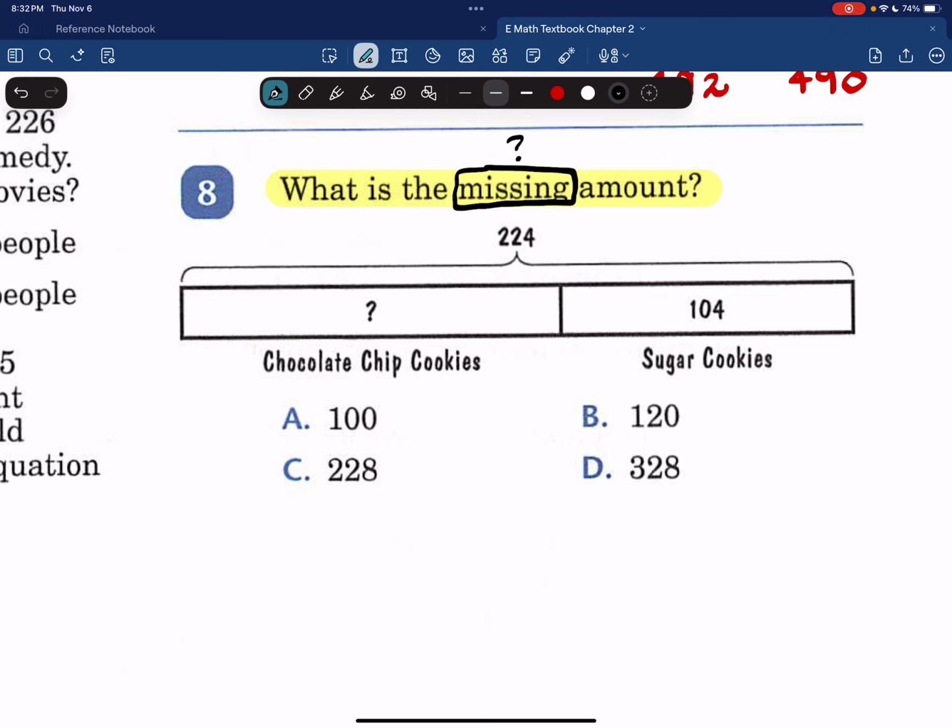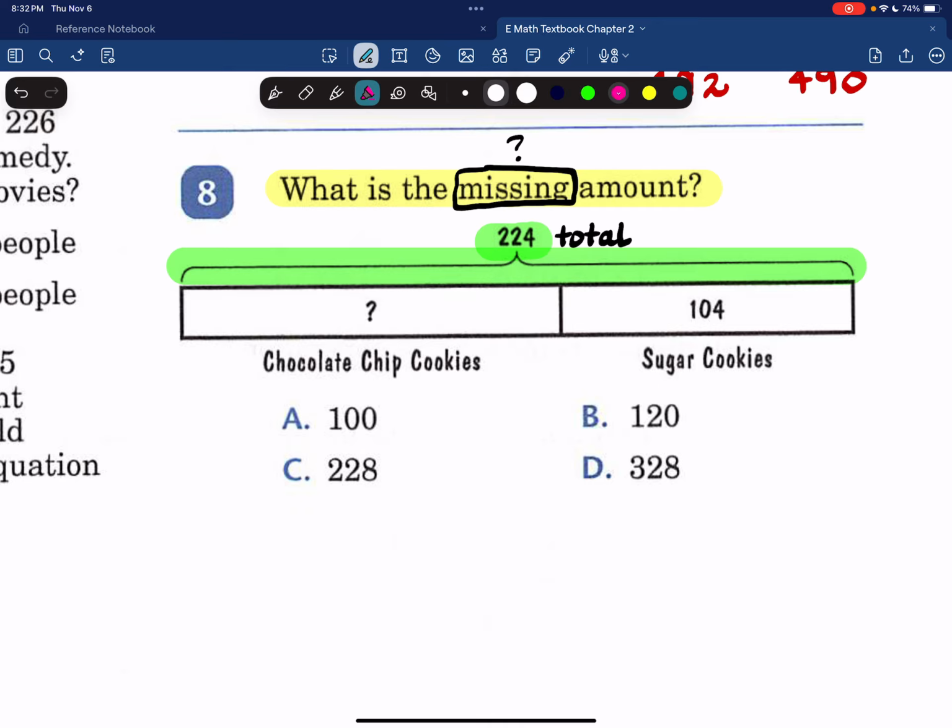All right, 224 is the total. We know that this is our total. That's the whole shebang right there. We know that. We know the question mark goes with these chocolate chip cookies.